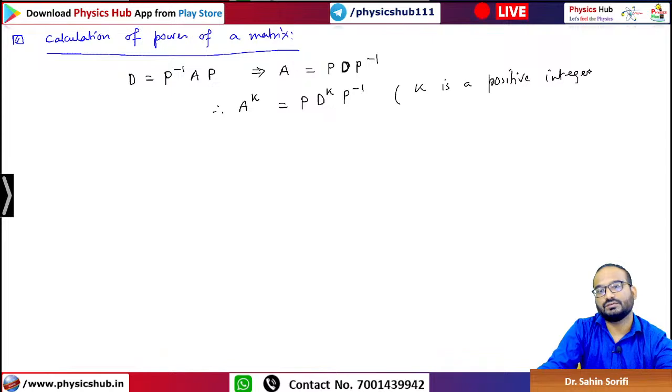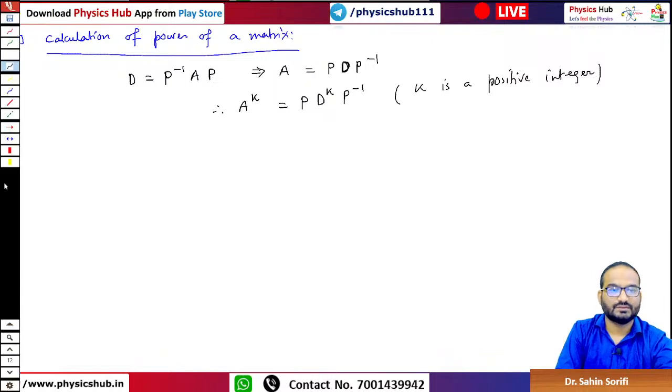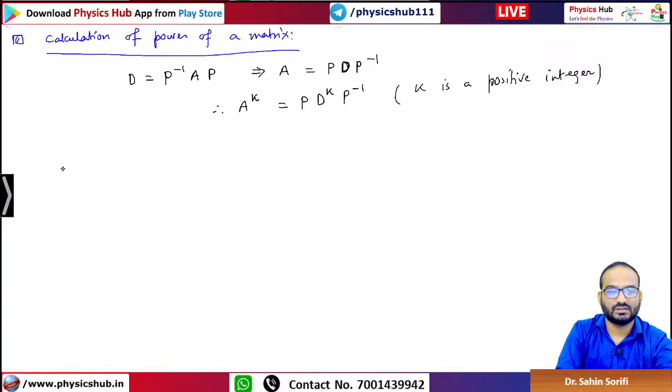You just need to focus on the diagonal elements. Whatever operation you will be doing with the matrix, the same operation will be done with the diagonalized matrix. In this way you can find out the power of a matrix. Now exponential of a matrix.